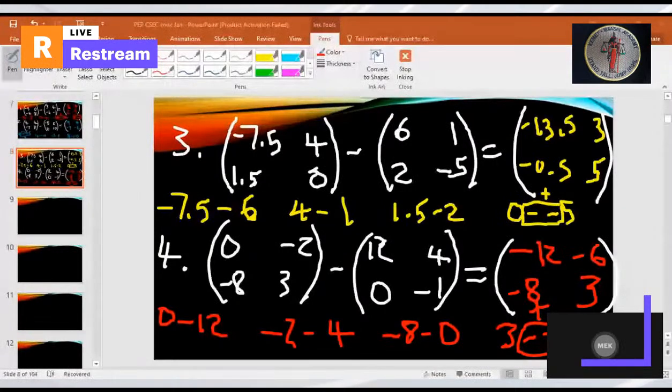We can't add or subtract matrices that are not of the same order. When we do matrices again, we're going to do multiplication, which is multiplying a matrix by a term. And we're also going to look at multiplication of matrices by other matrices. Typically, a 2 by 2 matrix by another 2 by 2 matrix. That's the kind you're likely to get at this level.